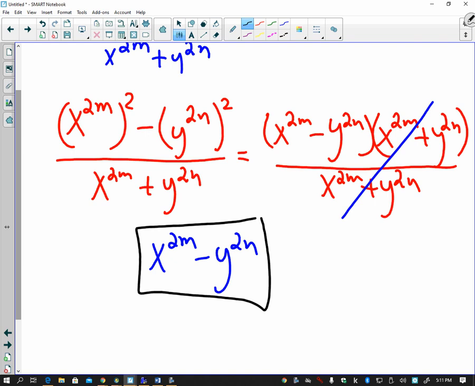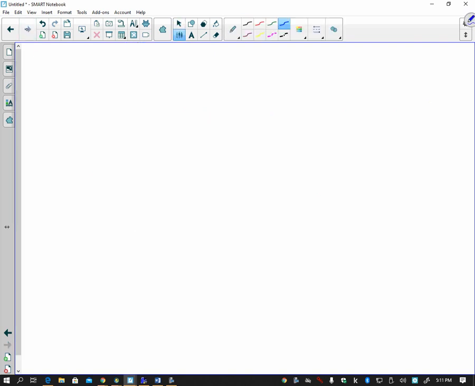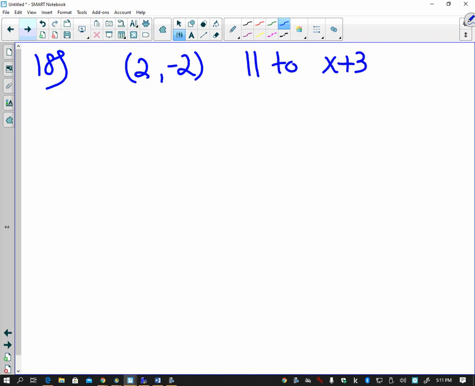Okay, let's look at 18. Hopefully this will go a little bit smoother. Find the equation of the line that passes through (2, -2) and is parallel to x plus 3y equals 4.